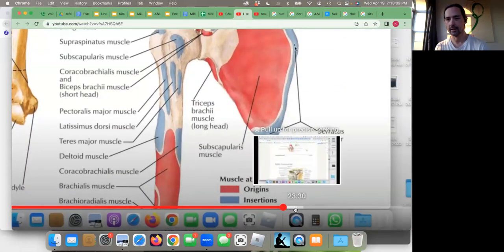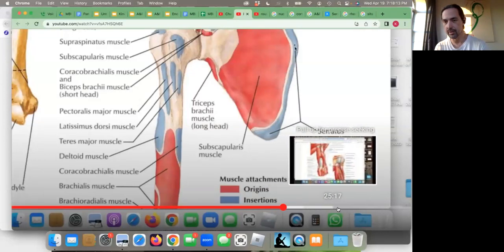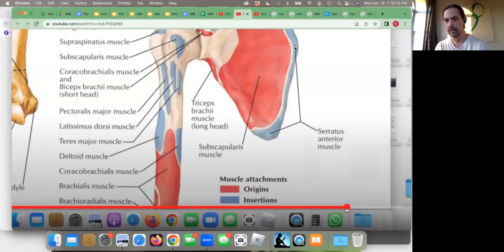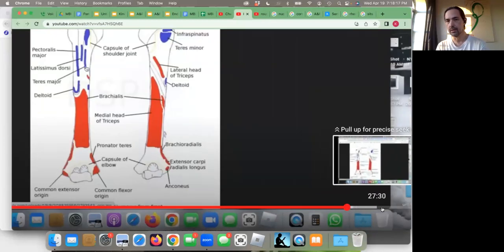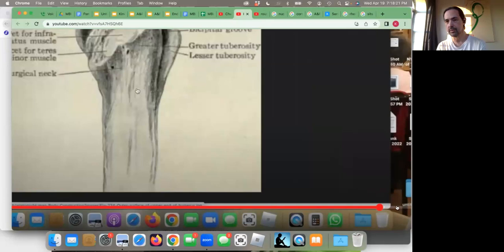And if we look at those bones from a superior aspect, where's the superior view?